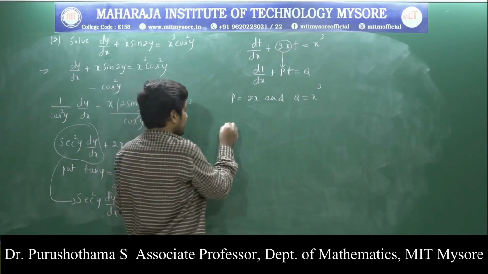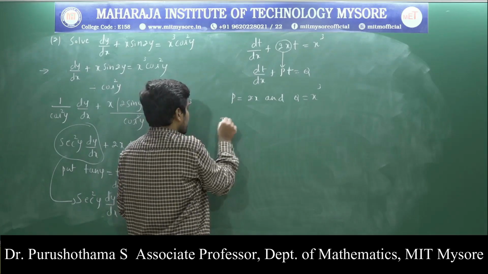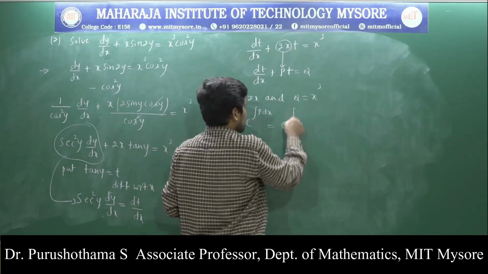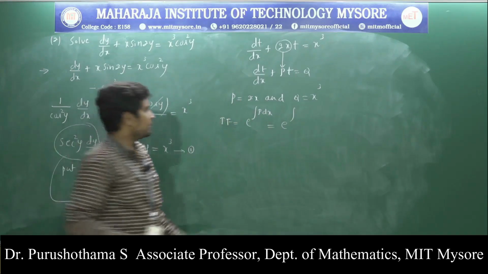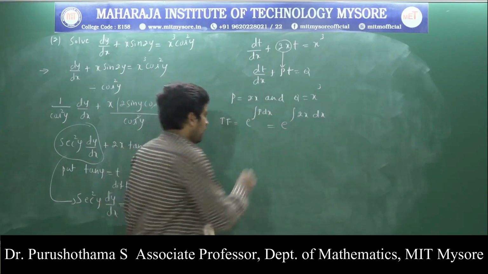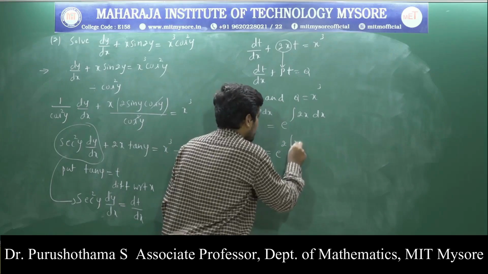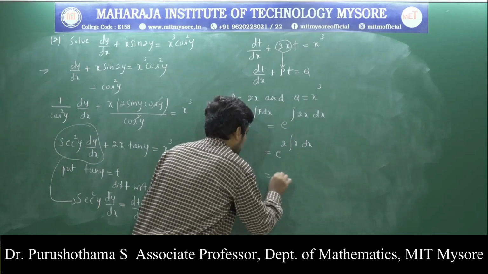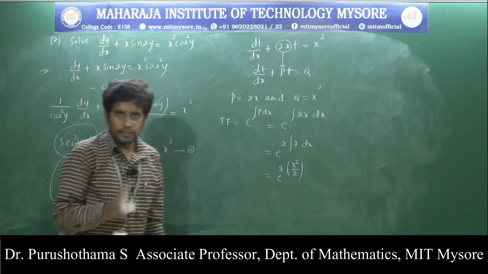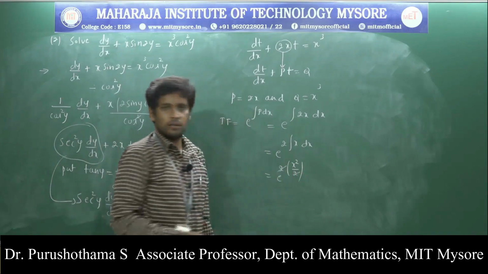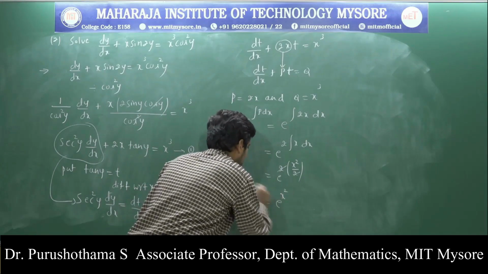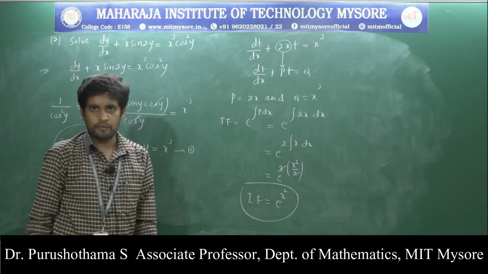The integrating factor is e power integral of p dx, which is e power integral of 2x dx, or e power 2 into the integral of x dx. The integration of x is x square by 2. Here the 2 cancels. Finally, the integrating factor for this problem is e power x square.